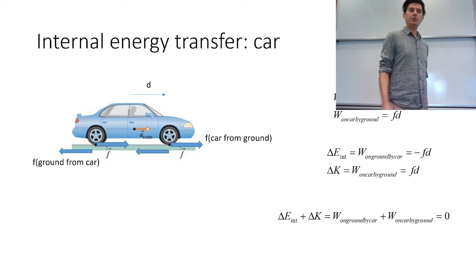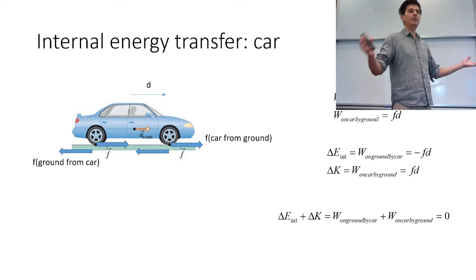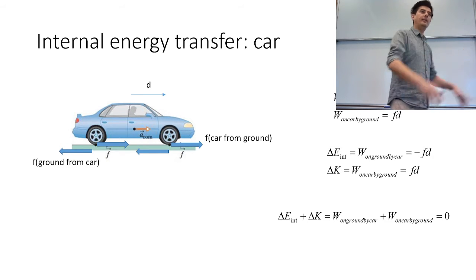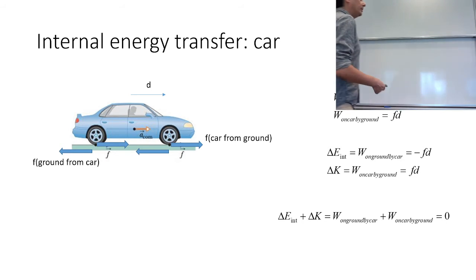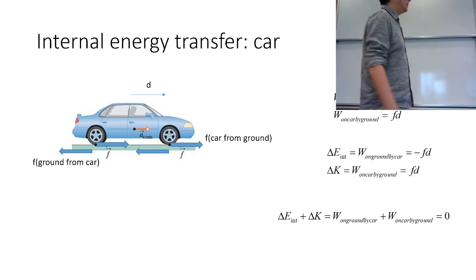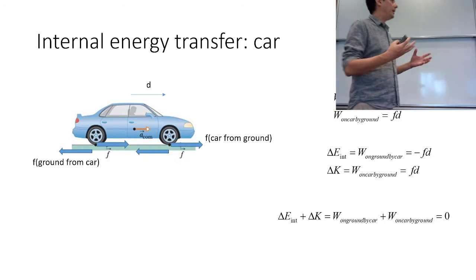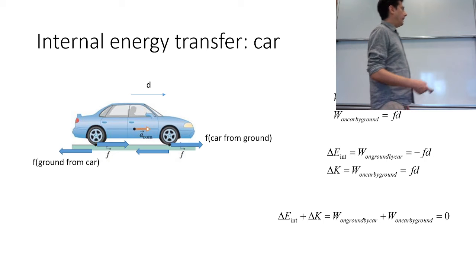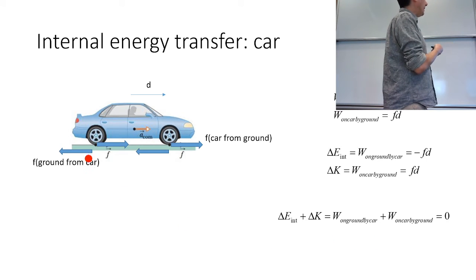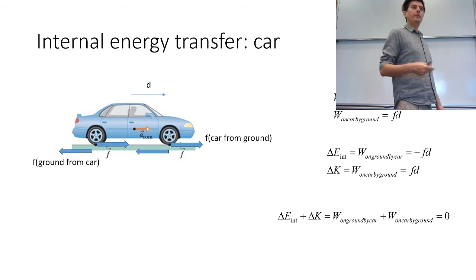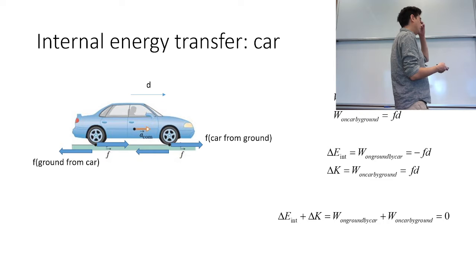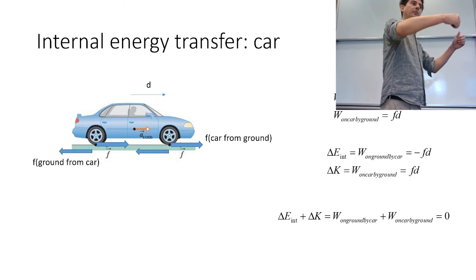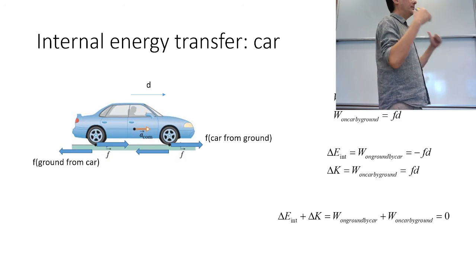In this case, it's quite a similar situation to the girl on the ice skates pushing herself. In a car, obviously, there's nothing pushing the car. The car drives itself, right? So how do we think about this in terms of energy transfer? Again, you need to take into account the two forces, not only the force that drives the car forward, but also that the car itself is pushing back in the backward direction.